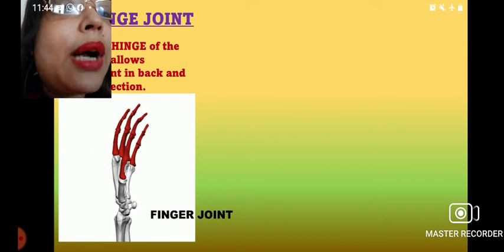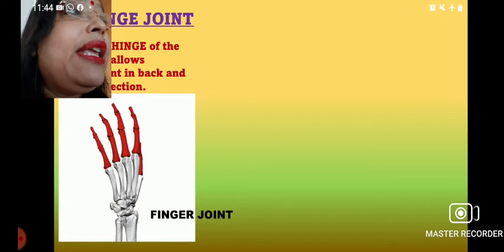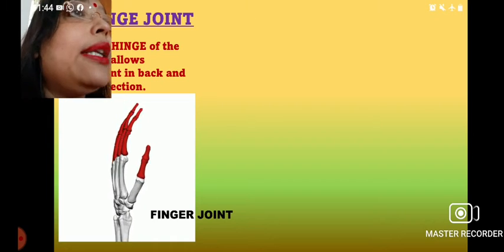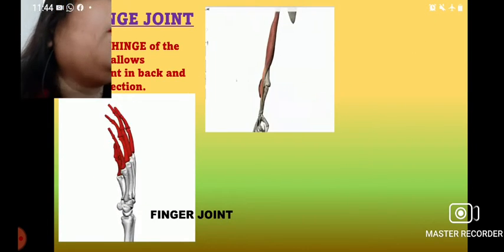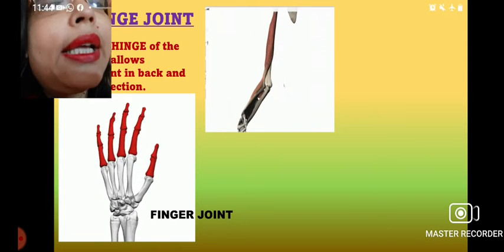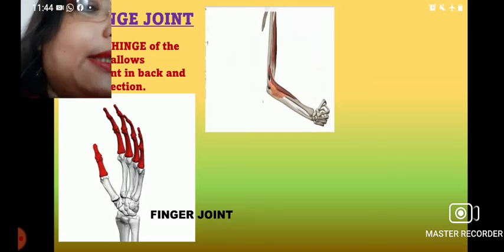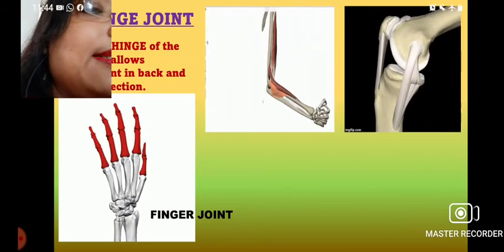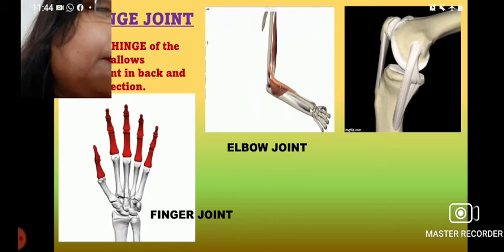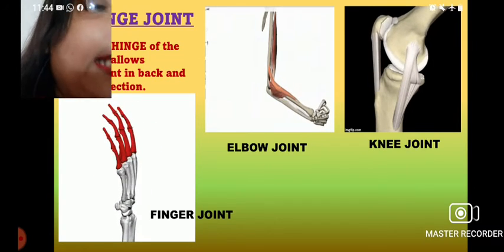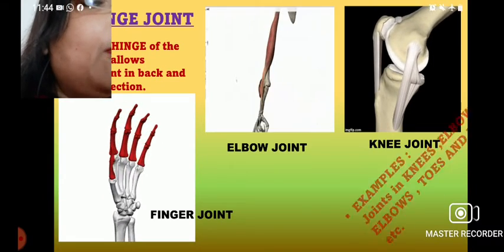Here you are seeing the wrist that is moving all around, but the finger cannot be moved in all directions, it can be moved only back and forth. Similarly the elbow, you cannot move the elbow in all directions, it only moves in back and forth direction. And similarly you can see the knee joint, they can also be moved only in back and forth direction.